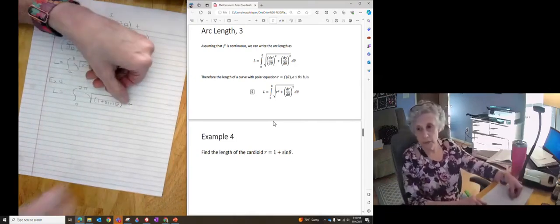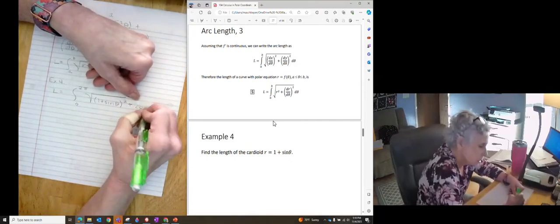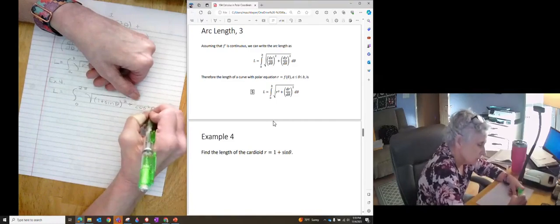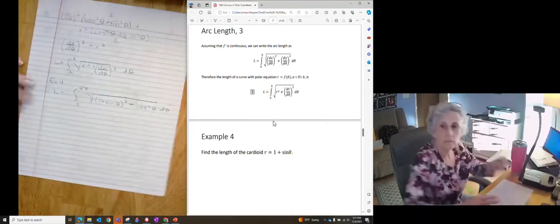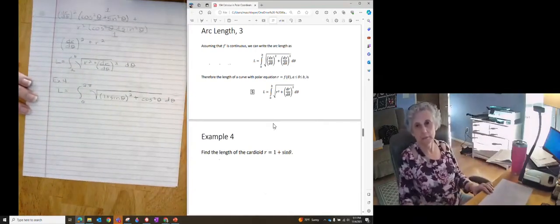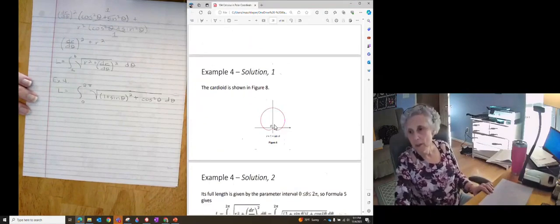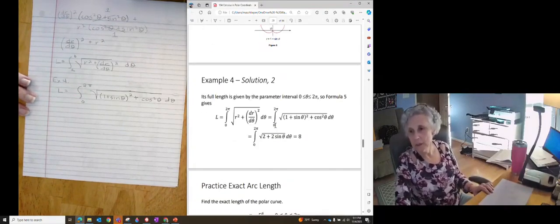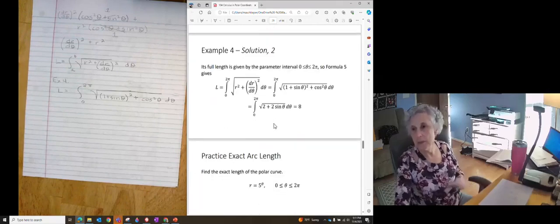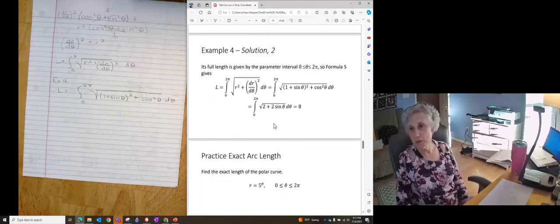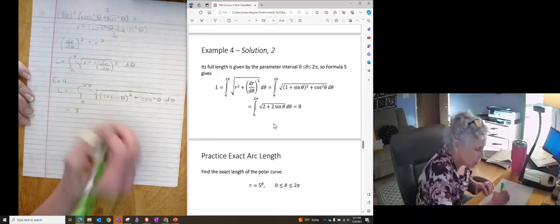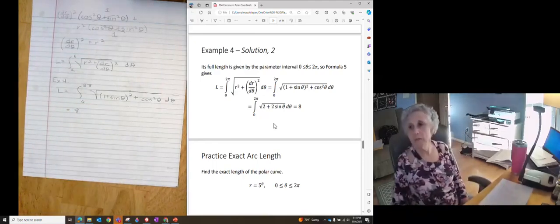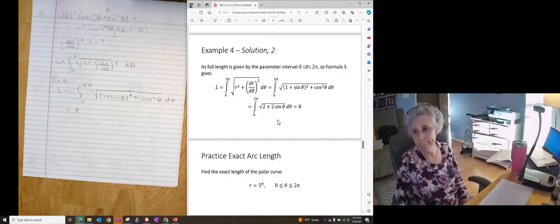The derivative of 1 plus sine would just be cosine, so cosine squared of theta dθ. There's the pretty picture. So we end up with the integral from 0 to 2π of just the square root of 2 plus 2 sine theta. And I wouldn't expect you to integrate that by hand, but it's equal to 8.